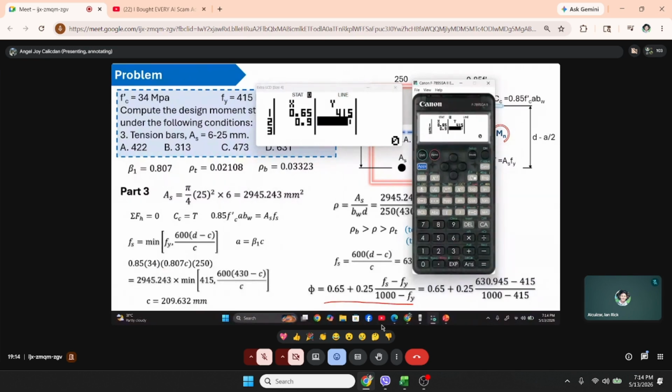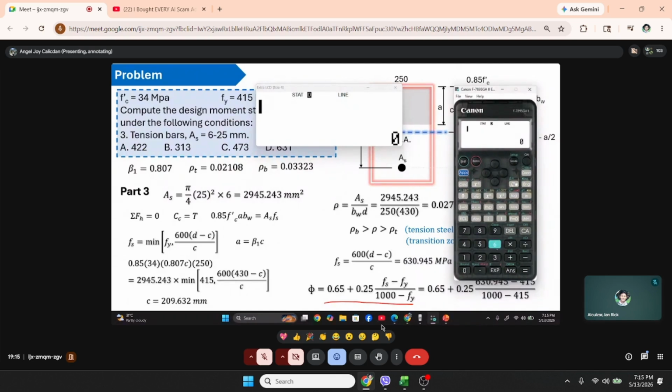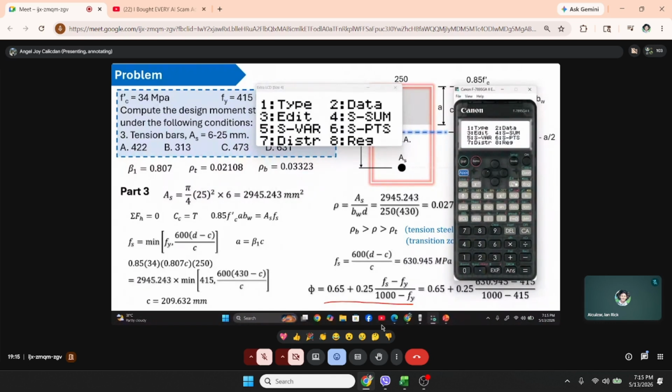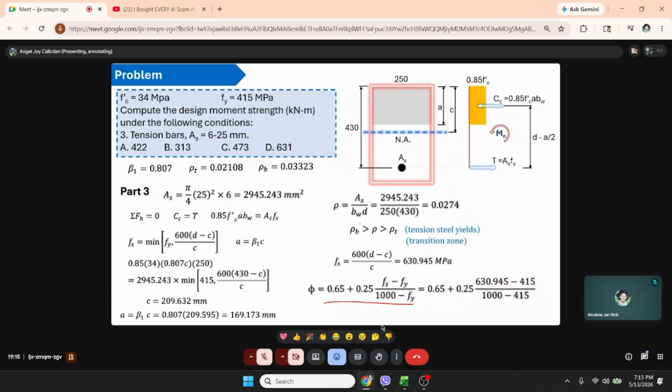Then the stress for tension controlled is 1,000 MPa. And for the equivalent phi, you enter the actual stress, which is 630.945. Then 0.742. So you still get the same result.